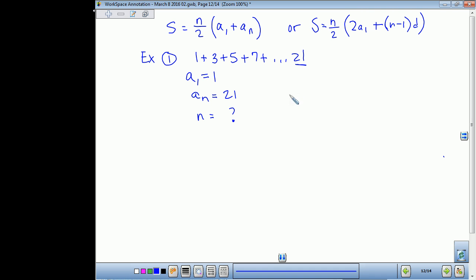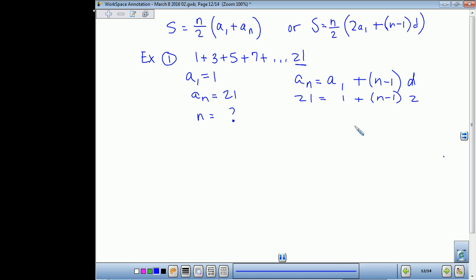And when I'm missing something like that, I have to go back to last year's formula. To find any term in a sequence, it's the first one plus n minus 1 times the common difference. So 21 is my final term. 1 was my first term. I don't know n. What is the common difference right here, though, guys? 2. And then algebraically, I'll just solve this.